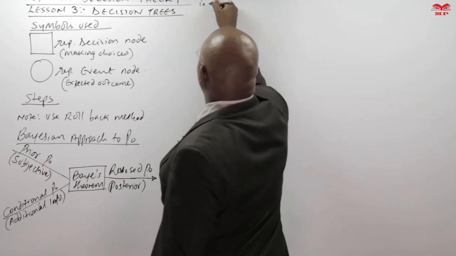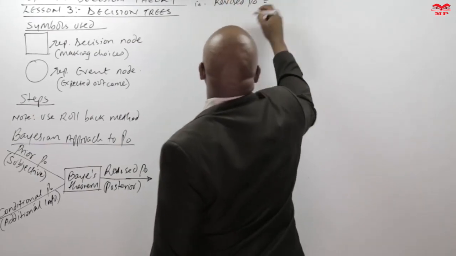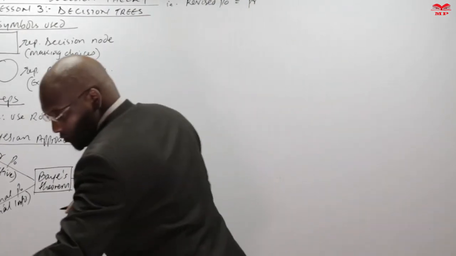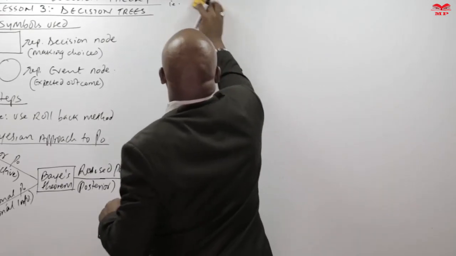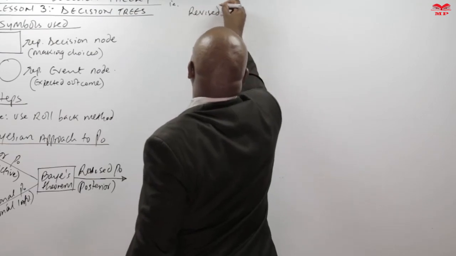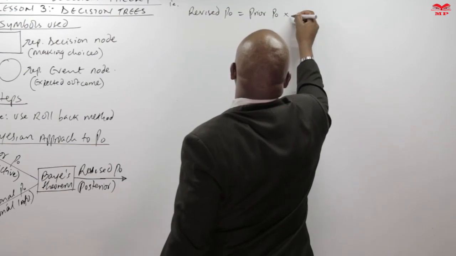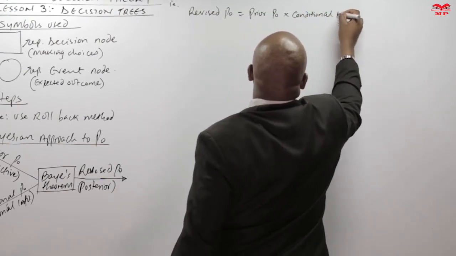So, revised probabilities equals prior probabilities. Let me put it here. So that revised probability equals prior probability times conditional probability.